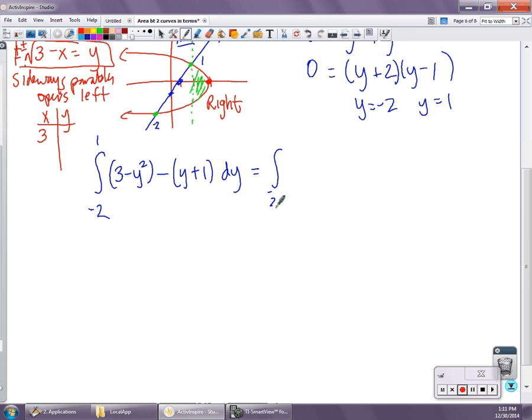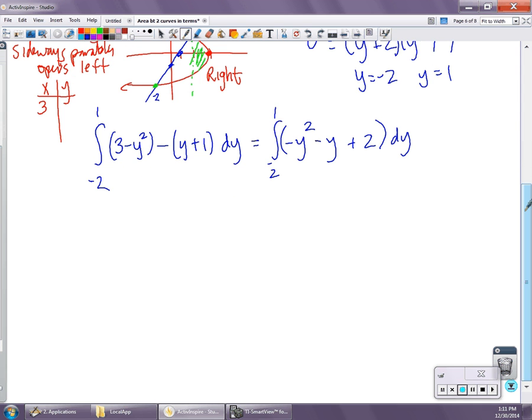I'm going to clean this up and make this negative y squared minus y. I'm just simplifying. 3 minus 1 is 2. And again, bear in mind that we're in terms of y.